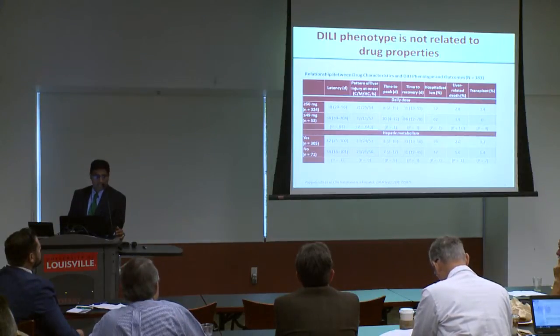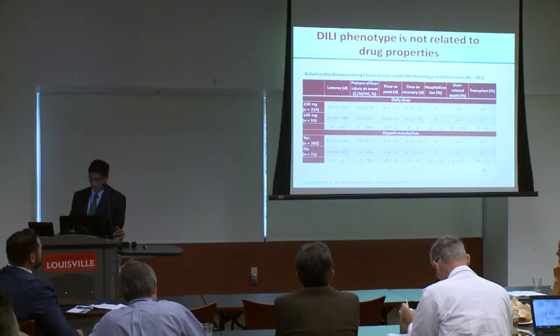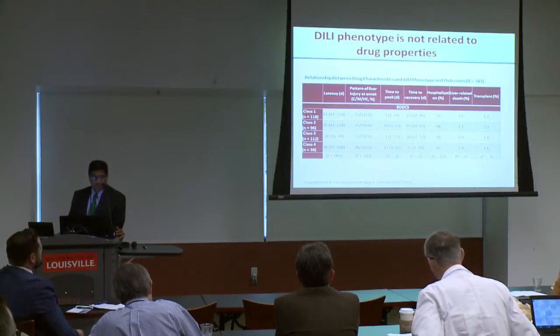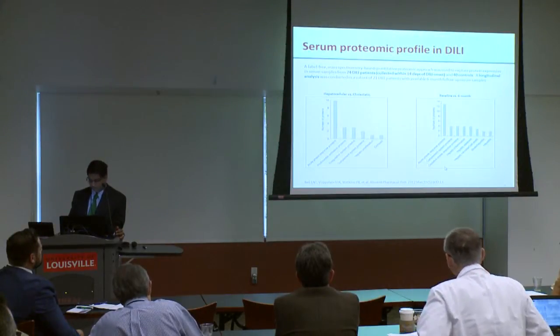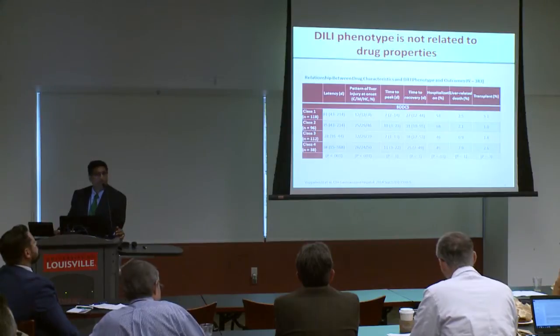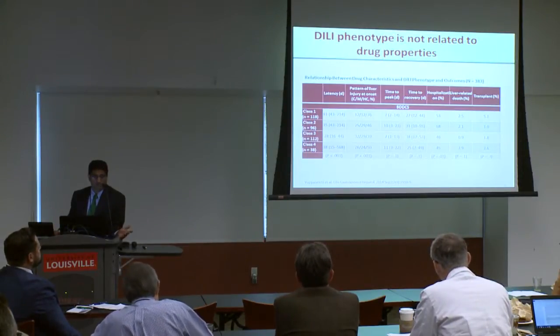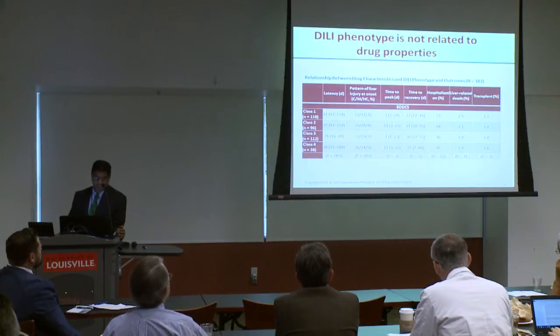Similarly, we looked at hepatic metabolism, and none of the outcomes were different. We also looked at the characteristics of drugs based on permeability, solubility, and metabolism, using the biopharmaceutical classification, and we did not see any differences in clinical outcomes.